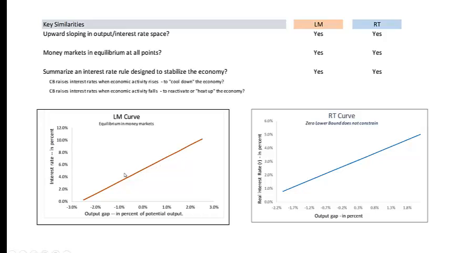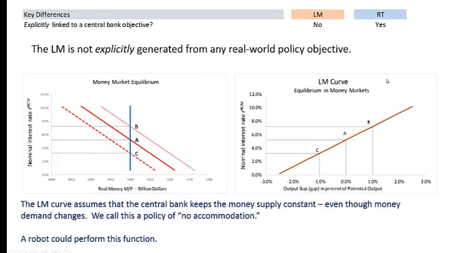In the other direction, when economic activity falls along the LM curve, the central bank chooses to reduce interest rates in an effort to reactivate or heat up the economy. It turns out that's pretty much the same logic we have with the RT curve.